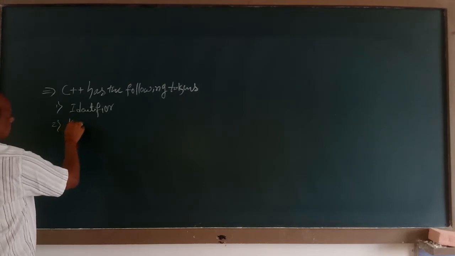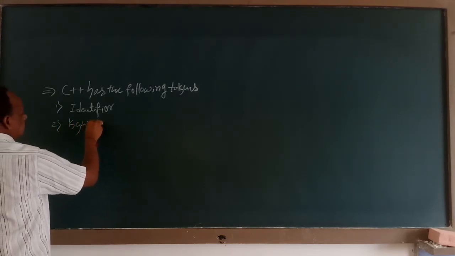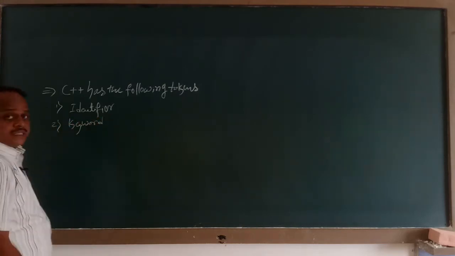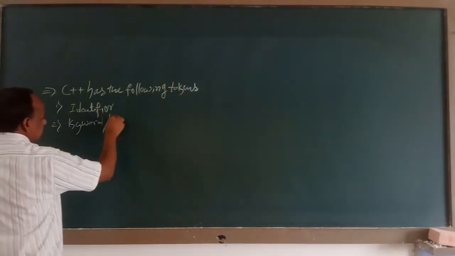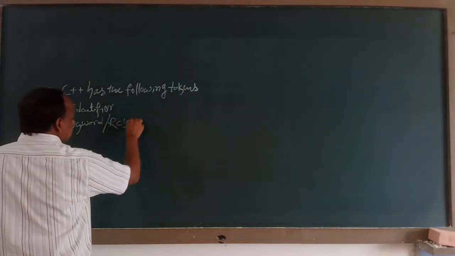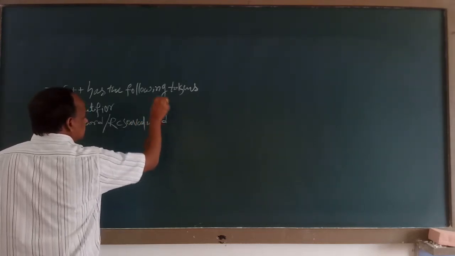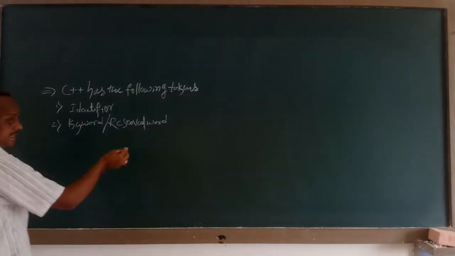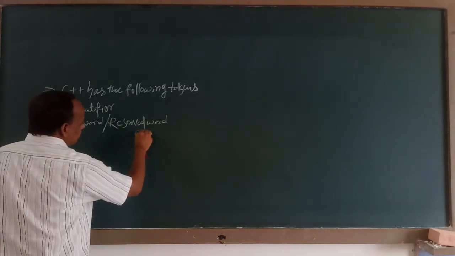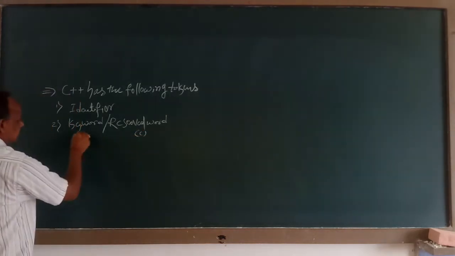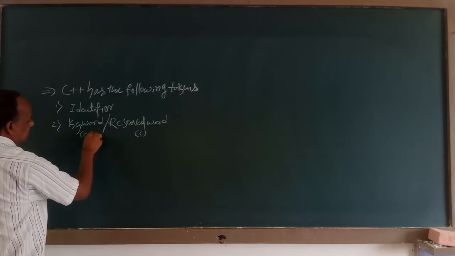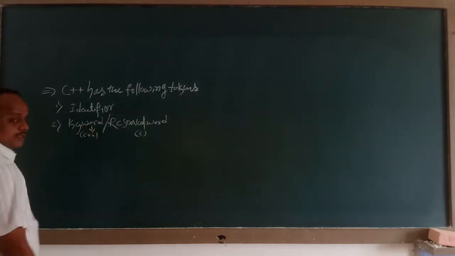Second one, keyword. It is also called reserved word. In C it is called reserved word, and in C++ it is called keyword.